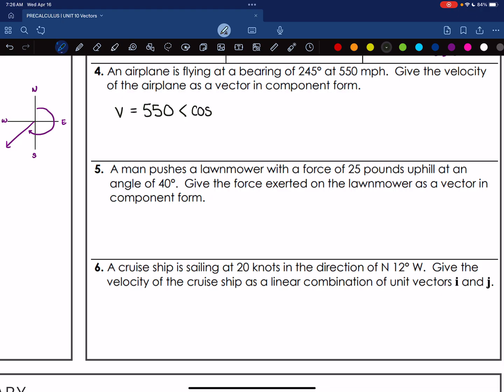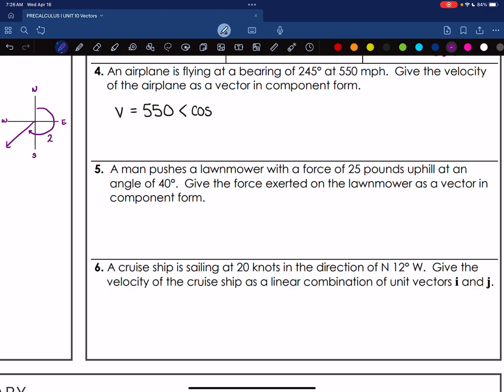I'm really looking for it in standard form.